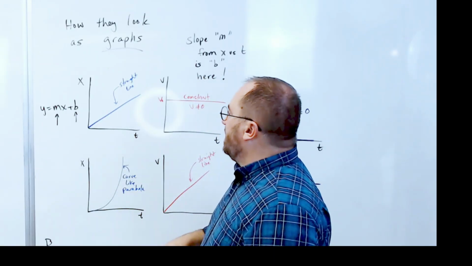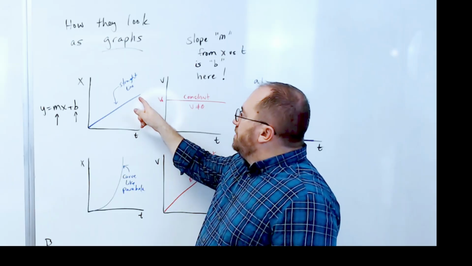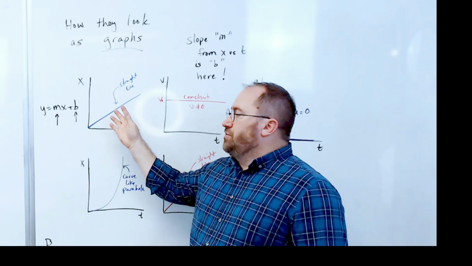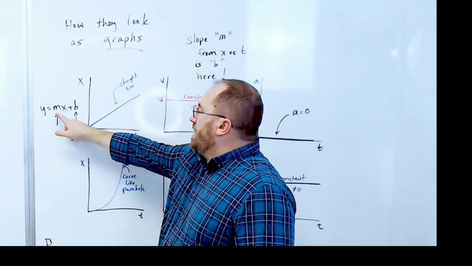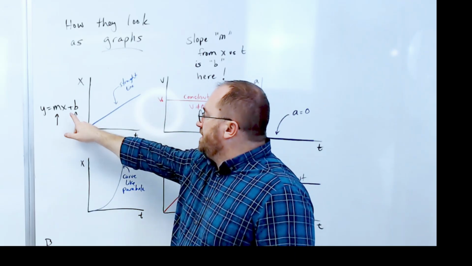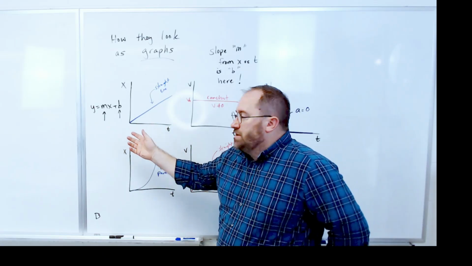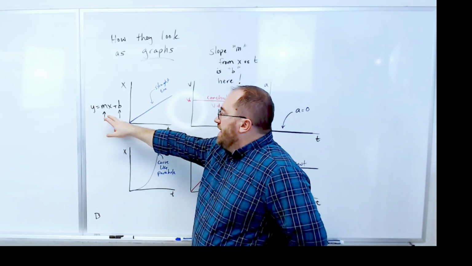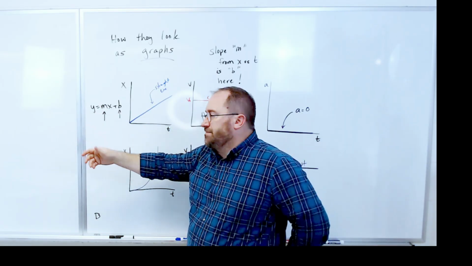For a position versus time plot, if you have a constant change of position, you'll get a straight line, and you can do a fit with a function y equals mx plus b, where m is the slope of this line and b is the y-intercept where it crosses the y-axis. In this example, this line will have a slope, and that slope is represented by the value m when you do your trend line.